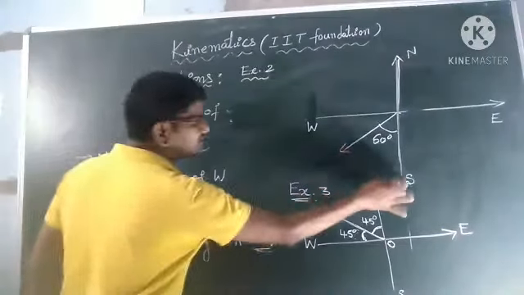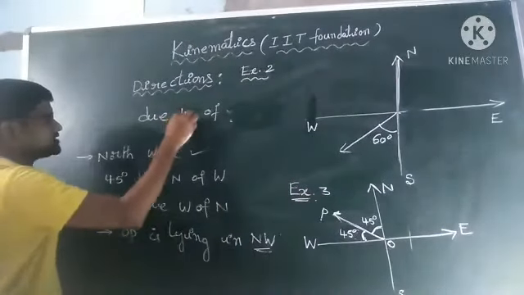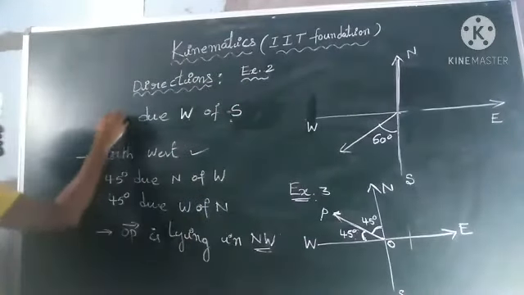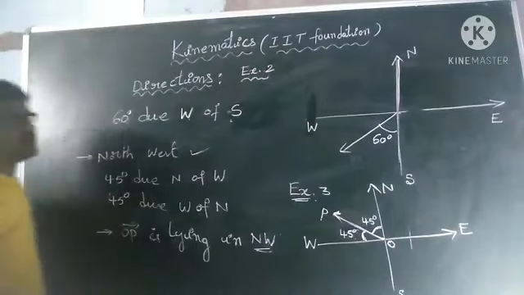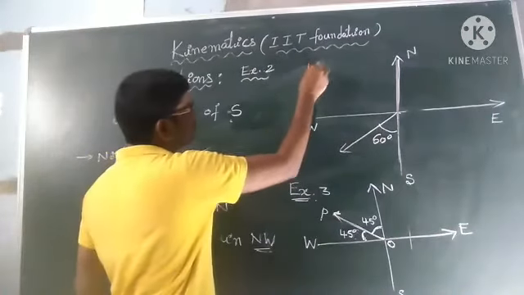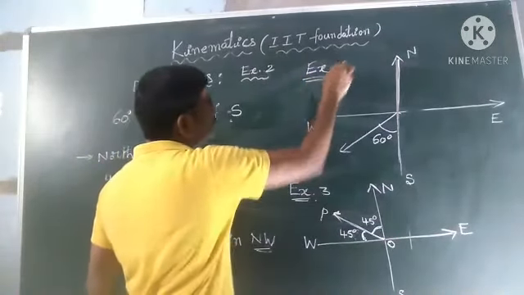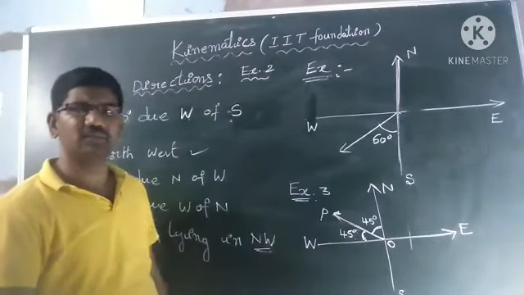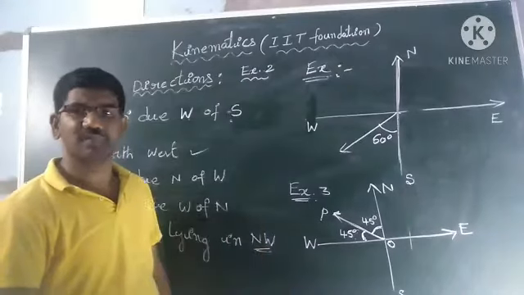It is lying in west and south, so west of south, and with the south 60 degrees. So 60 degrees due west of south. This is the fourth example we can mention. So sometimes the vectors lying in the plane will be represented like this.